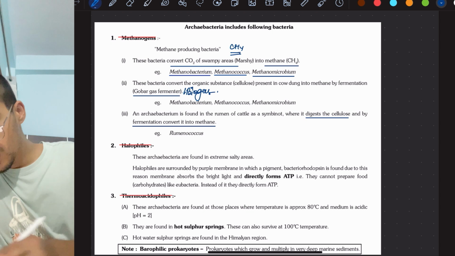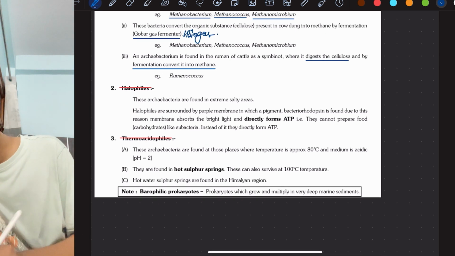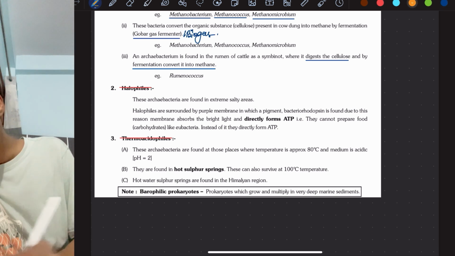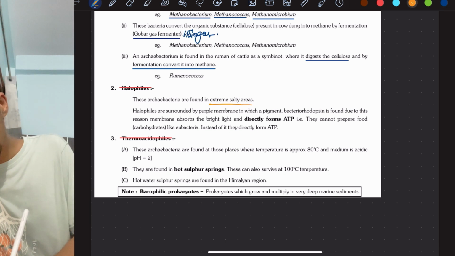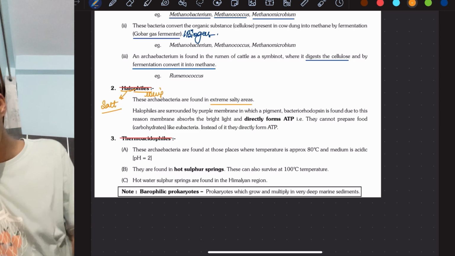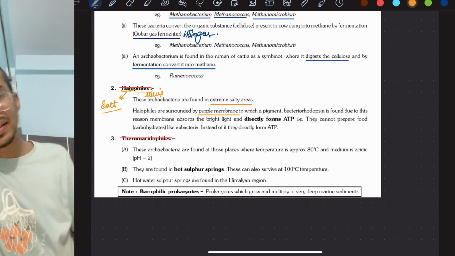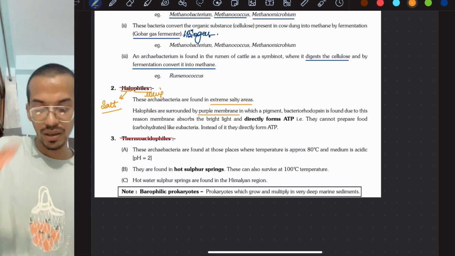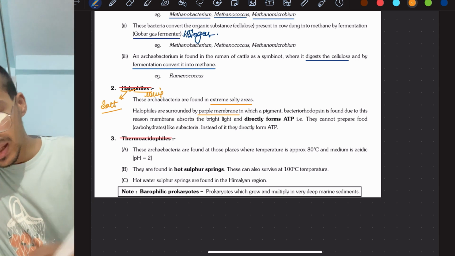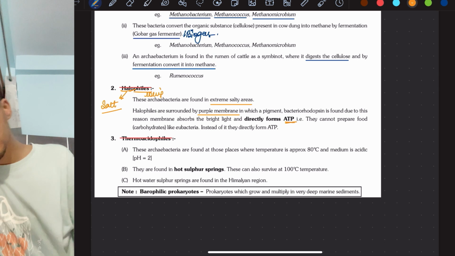Next is halophiles. Halophiles are present in extremely salty conditions. Halo means salt, and philes means loving. They have a purple color pigment present in their membrane, and they absorb bright light and directly form ATP.